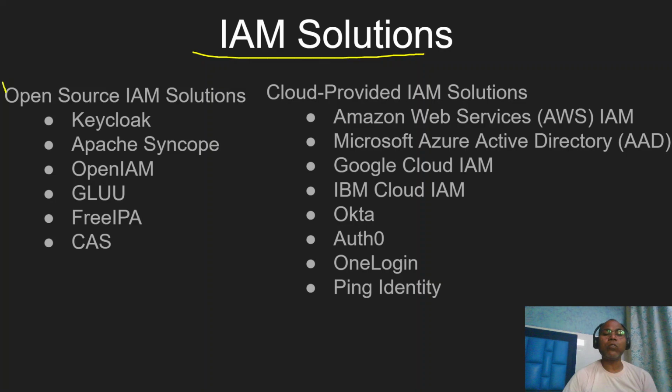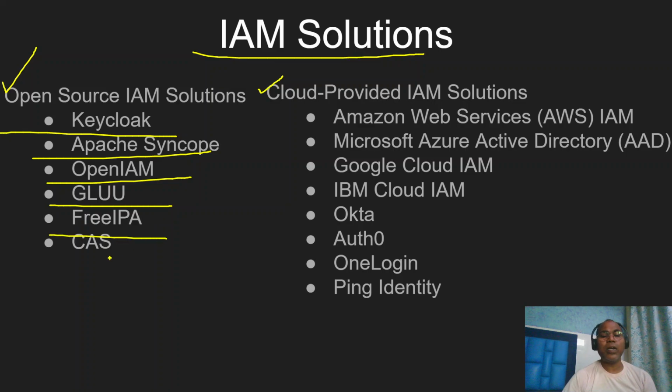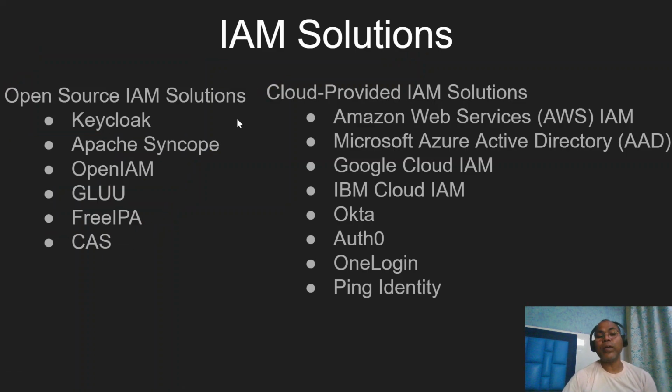You can decide to go with open source or with cloud-provided. The best you can use is Keycloak, an open source IAM solution. Apache Syncope, OpenIAM, FreeIPA, CAS, lots of solutions we already have.